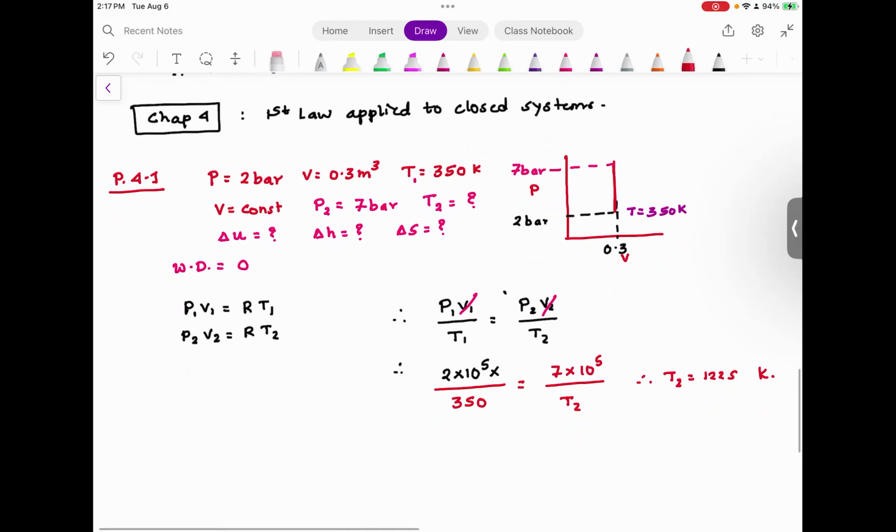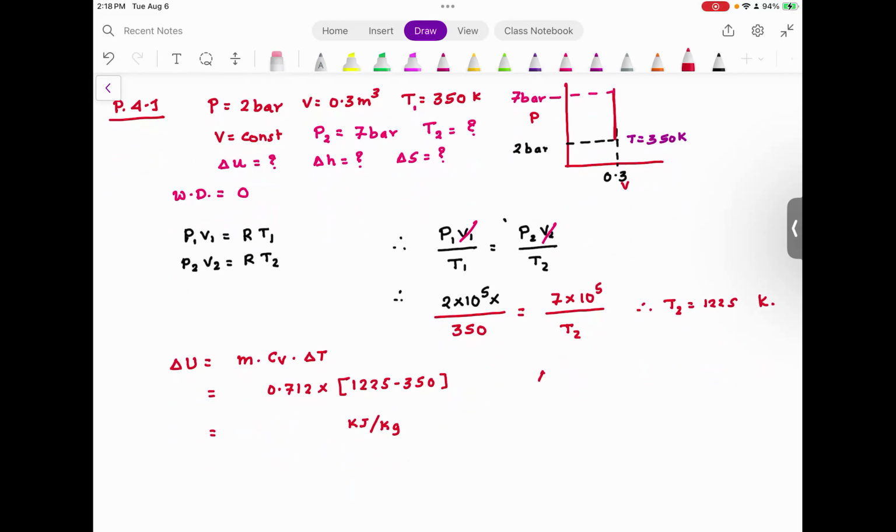Change in the internal energy, delta U, is always given as M Cv delta T. This is the equation that we derived and referred to. M stands for mass, Cv, the value for air, you should remember 0.712, or you can use the tables, multiplied by delta T, which is 1225 minus 350. That gives you kilojoule per kg.